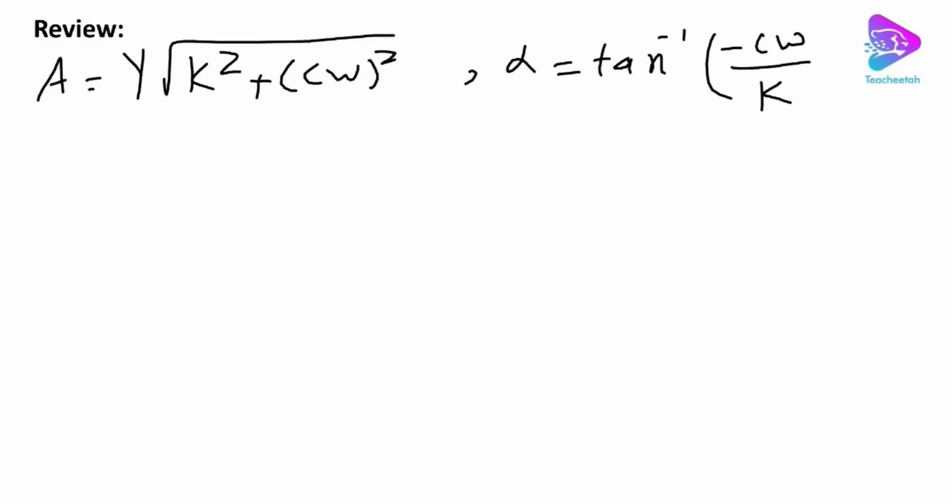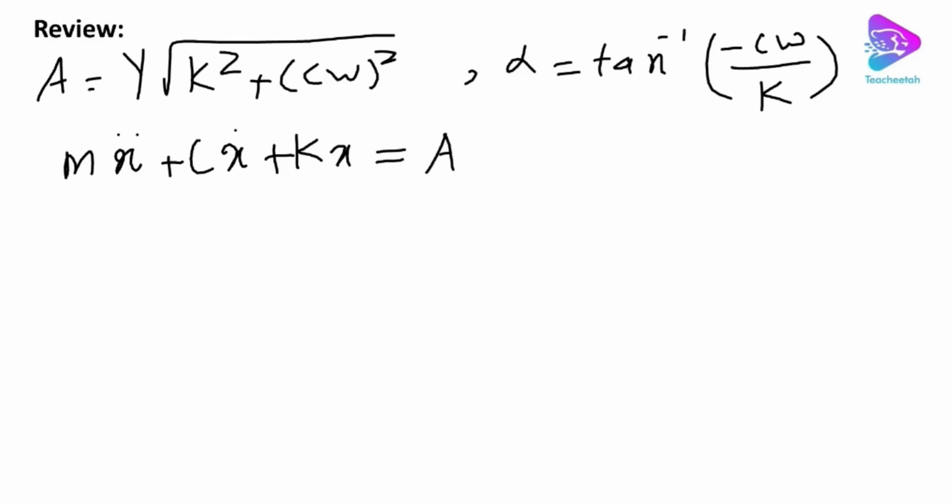If you know the trigonometry, you can simply combine the two terms on the right hand side. So the system becomes m x double dot plus c x dot plus k x equal to A sine omega t minus alpha.